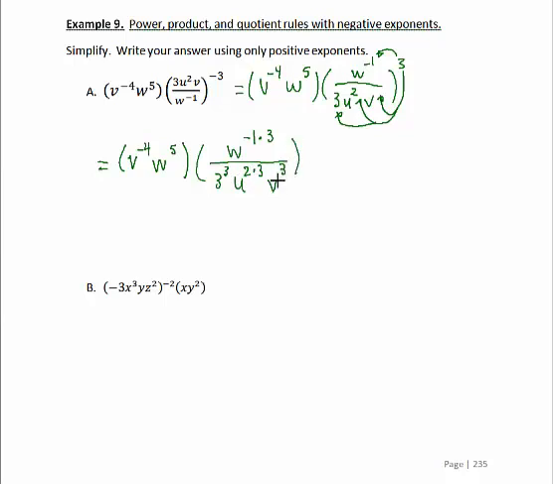If a variable does not have an exponent written, and there's an exponent outside the parentheses, then that variable just simply adopts that exponent. So the v just simply adopts the positive 3 from the outside. It didn't have an exponent written. It's just a 1, and 1 times 3 is 3.